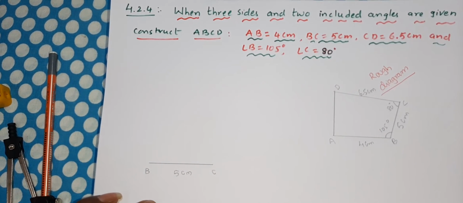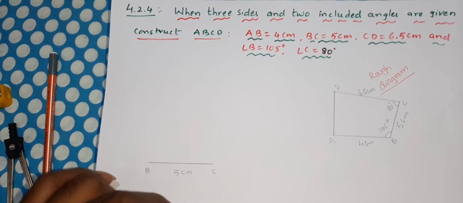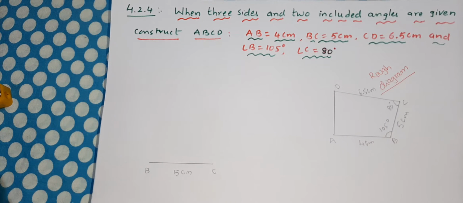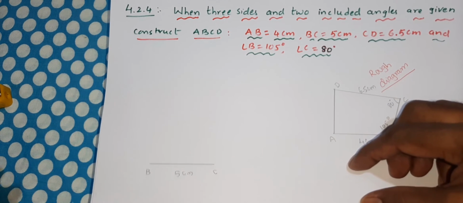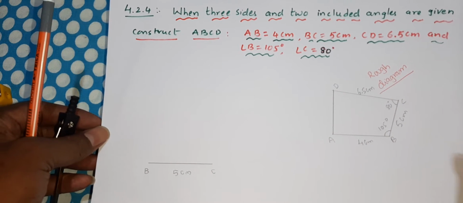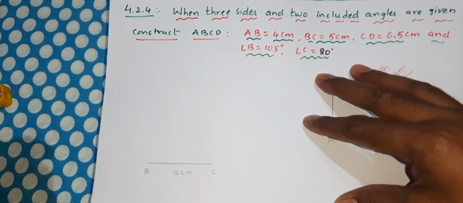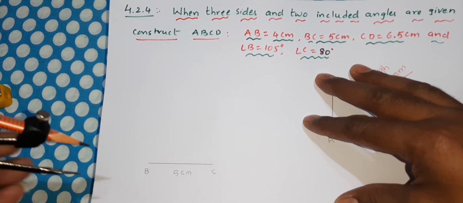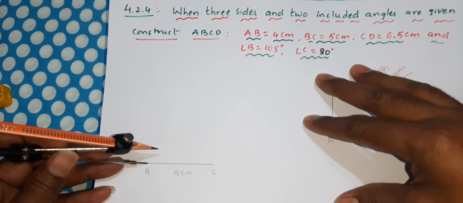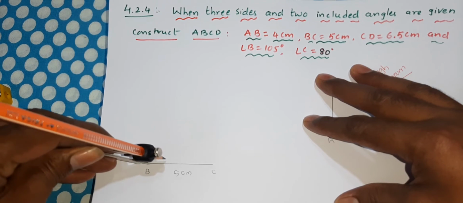Now at B we are going to construct 105 degrees. So just now we discussed how to construct 105 degrees. First construct 60, then 120, 90, then after that the angle between 90 and 120 you will get 105 degrees.